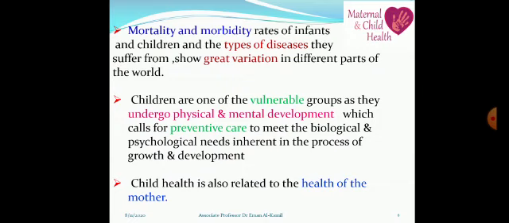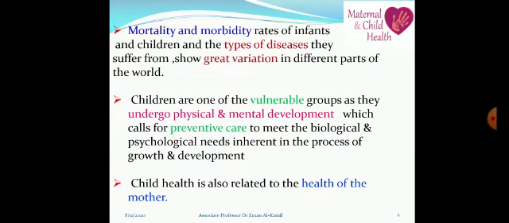So in general, children are a vulnerable group, because in this period under 5 years of age, they undergo physical and mental development, which calls for preventive care to meet the biological and psychological needs inherent in the process of growth and development. So it is important to have a healthy environment in order to develop physically, mentally and psychologically.